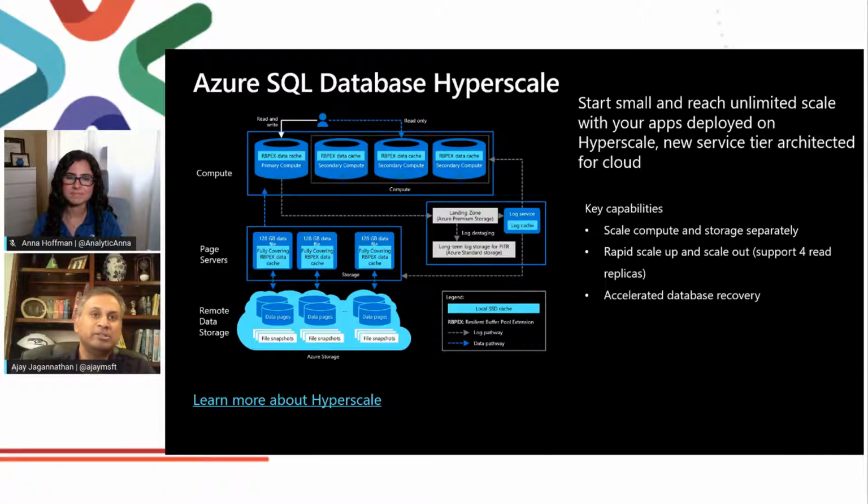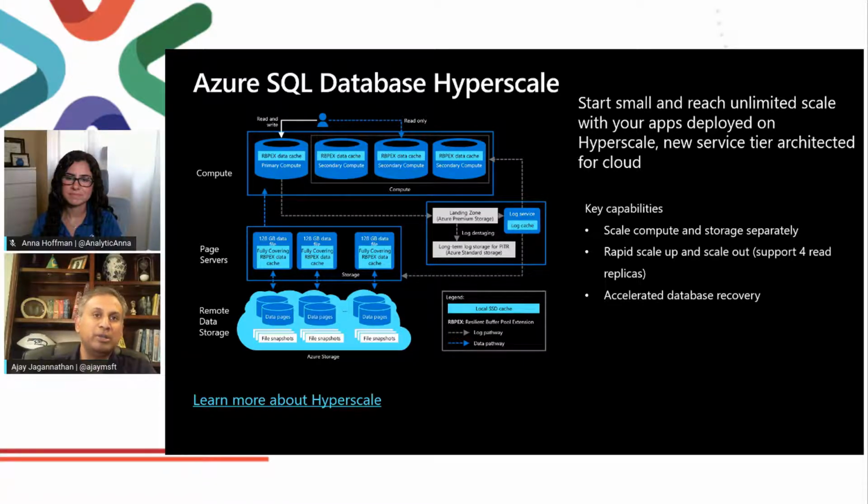Plus, innovations such as accelerated database recovery, which power the engine behind Hyperscale, help you recover databases faster. In cases of a failover or restart of the compute, the database can come online very quickly. Also, expensive operations like backups and restores happen on the remote data store on the page servers, so they are completely offloaded from the compute tier, minimizing impact for user applications.